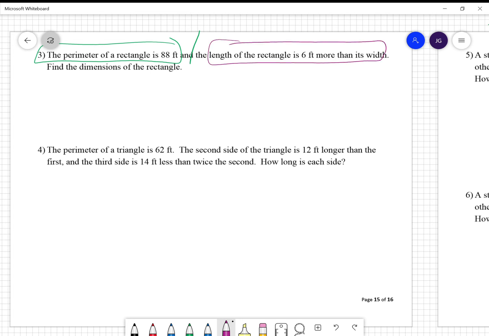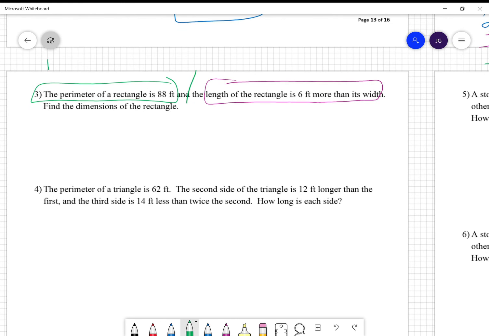Perimeter of a rectangle is 88 feet. You need to remember that perimeter is 2 length plus 2w. But that's 3 variables.